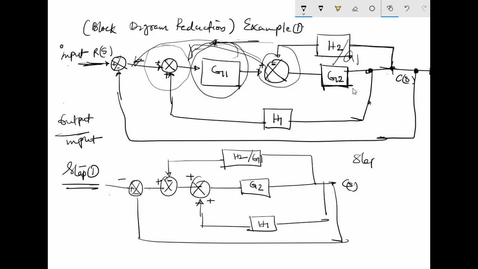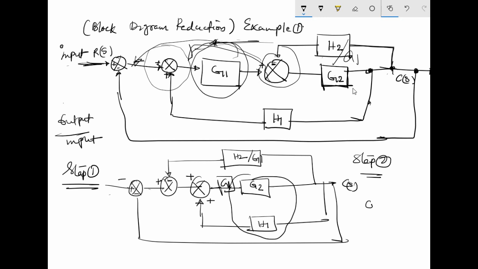Now there is the step 2 which you can apply here. Now this step 2 is, you have to simplify this. Again here there is also G1, so don't forget the G1 here.